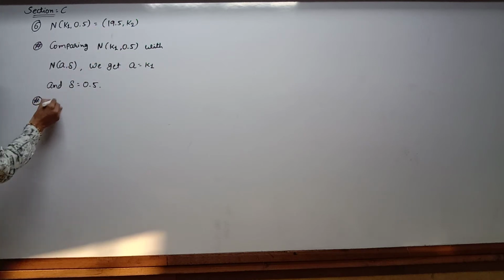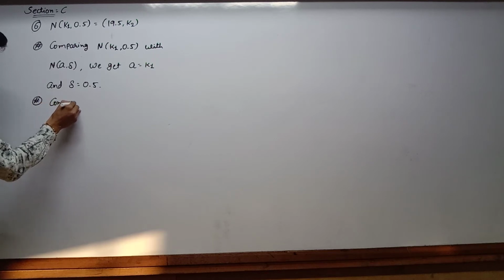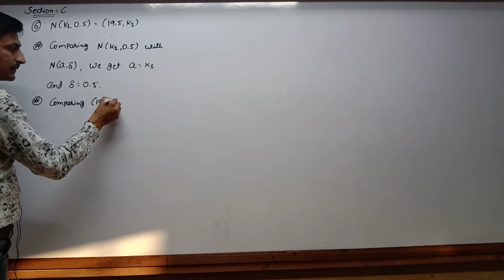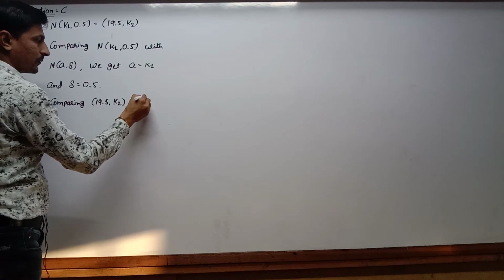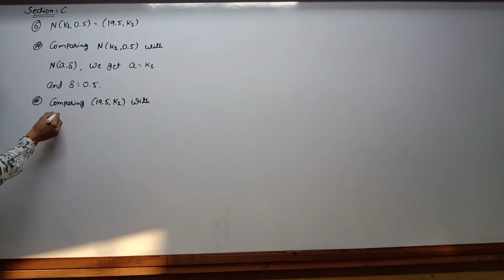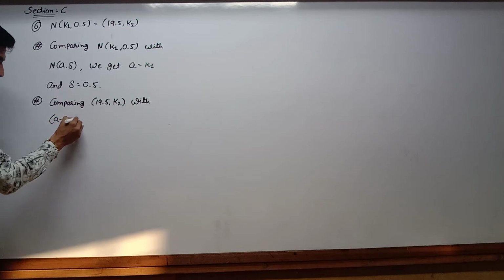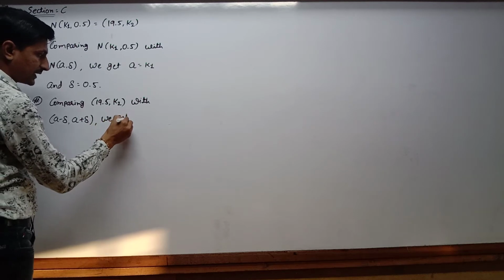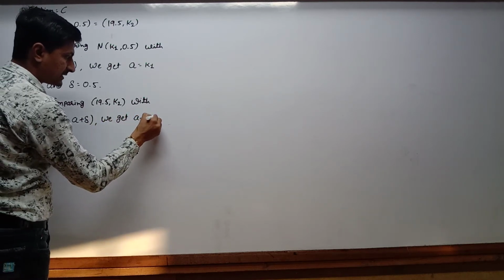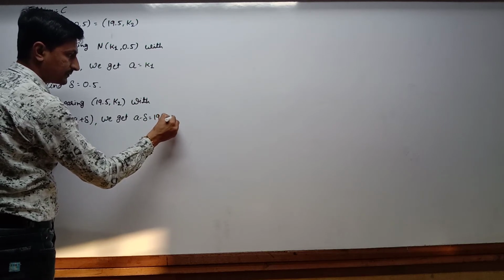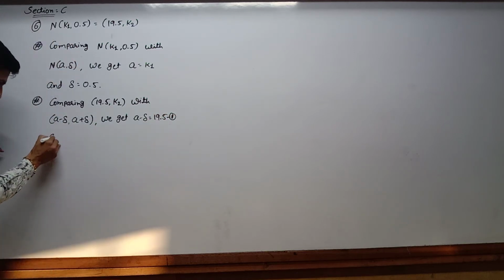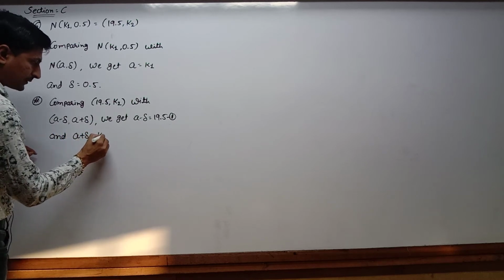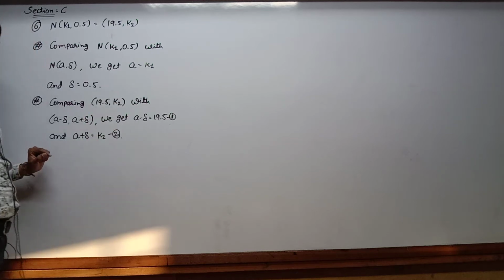Now next new line, comparing 19.5 comma K2 with interval form a minus delta comma a plus delta, we get a minus delta is equal to 19.5 for equation 1 and a plus delta is equal to K2 for the second equation.